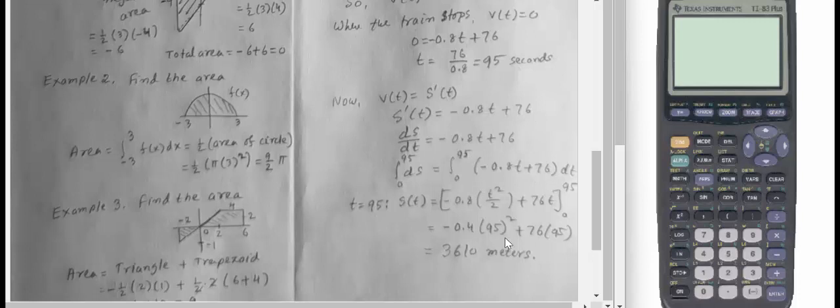And this part, I hope you can easily understand. So then negative 0.8, leave it there. t will be t squared over 2, and 76t. And as before, you just plug 95 for t here, and then here also. And after that also you can plug 0. 0 will give the whole thing 0. So take a piece of paper and simplify this answer. You'll find it is 3,610 meters.